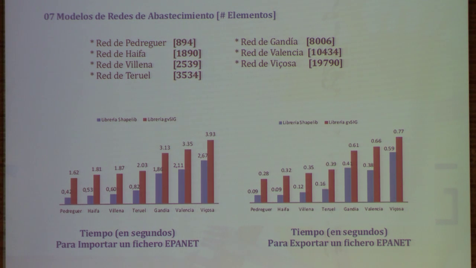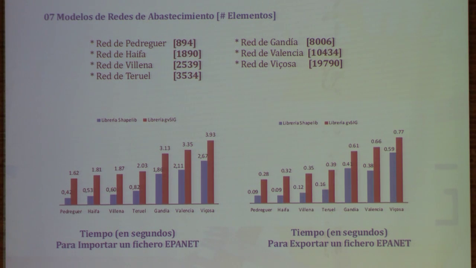In the graph we see here at the bottom, these are the times used up in seconds by these 2 routines. On the left we see importing, and I compare it with the shapelib library, which can be used and programmed in different programming environments, and also the gvSIG library.